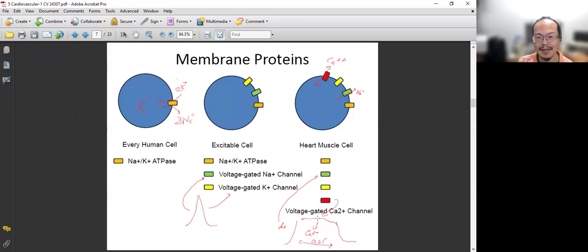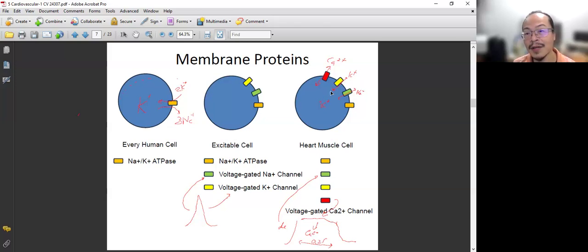And then it will close. Following that, the potassium channel opens right here. Potassium can freely diffuse across, but the net effect is from high concentration to low concentration. Potassium has a high concentration inside the cell, so it will diffuse out from high to low.